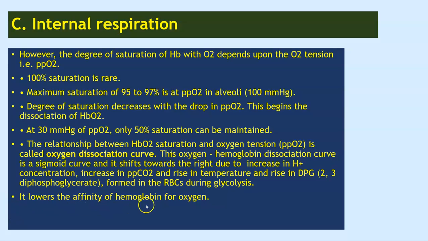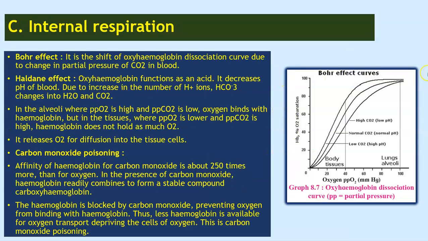It lowers the affinity of hemoglobin for oxygen. Here students, this is the oxyhemoglobin dissociation curve, which is sigmoidal in shape.